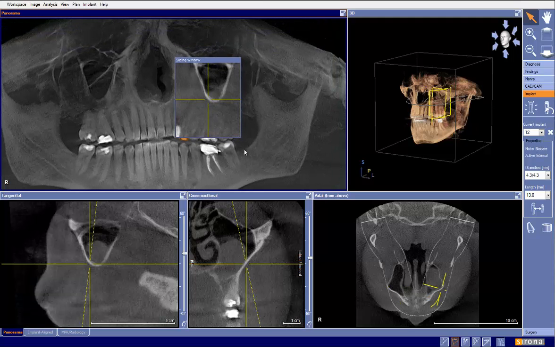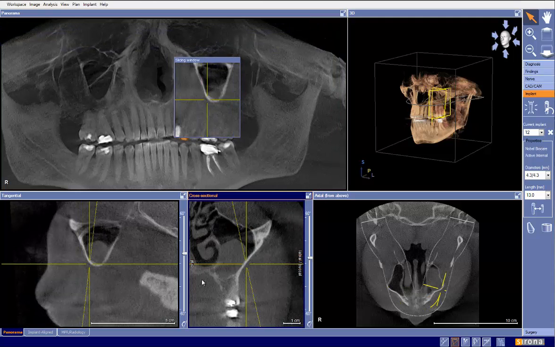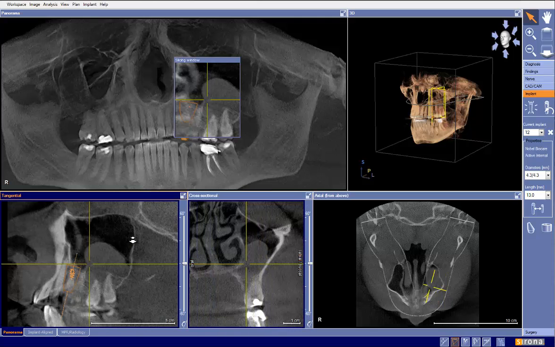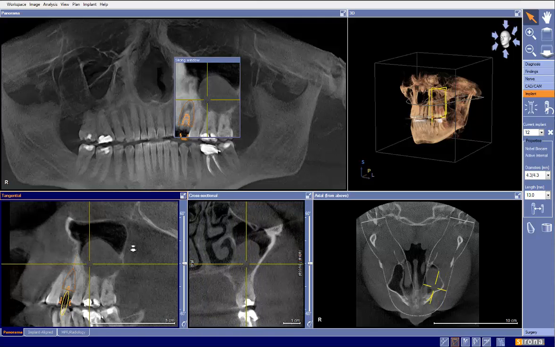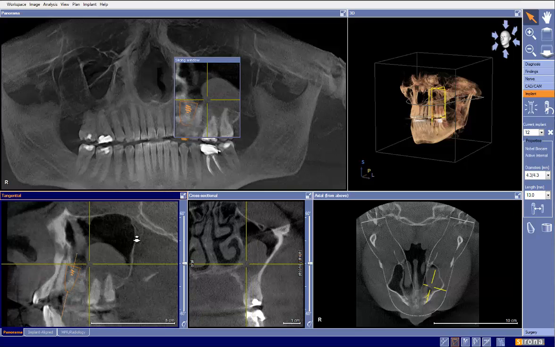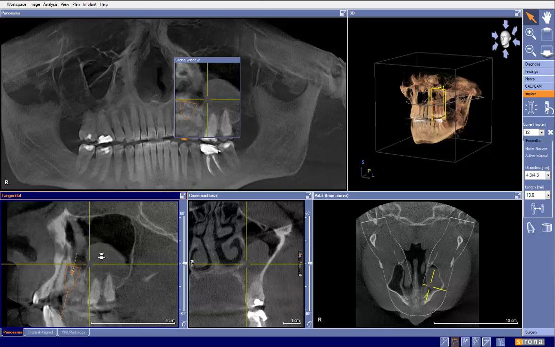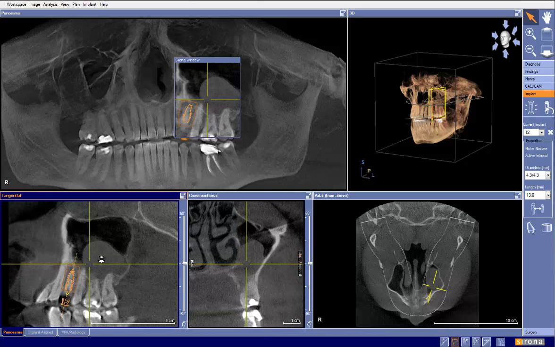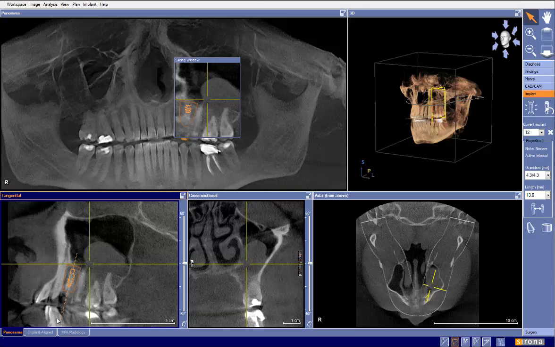So it's likely that this sinus issue is related in some way or form to either a tooth or just some type of retention cyst, as was noted, or is unlikely related to this tooth right here.